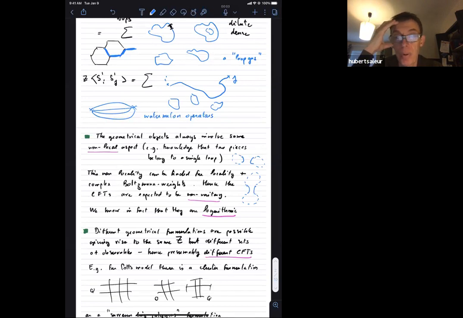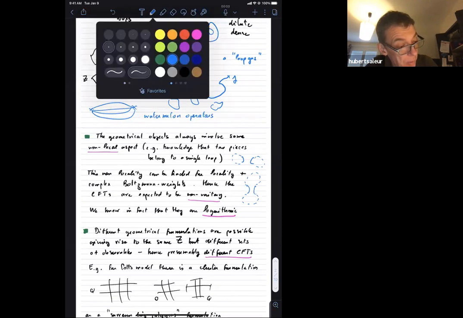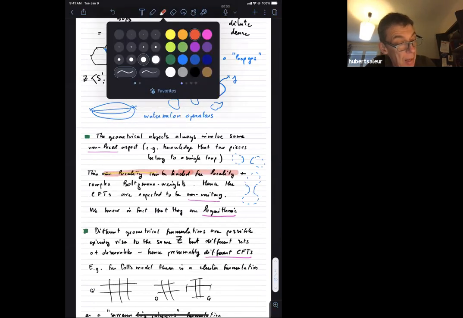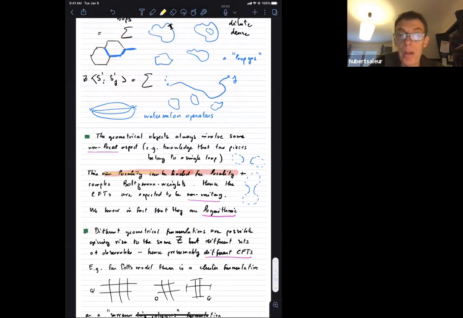The animals, for instance, are believed not to be conformally invariant, but they are the exception rather than the rule. One of the reasons why these models, in fact, are conformally invariant is that in many cases, it's easy to see that the non-locality can be traded for locality at the price of introducing complex Boltzmann weights.